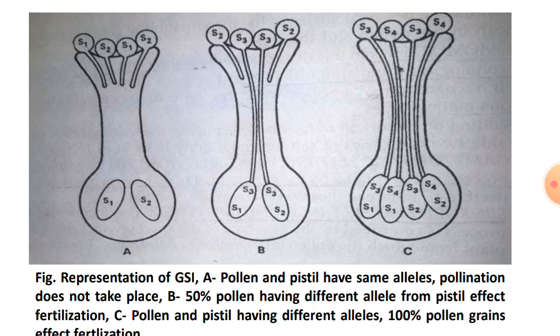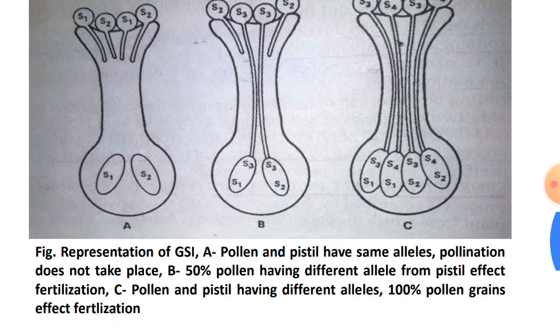And the genotype of the female parent is S1, S2. That's why the S3 type of pollen grains will be able to effect fertilization in the female parent having genotype S1, S2.